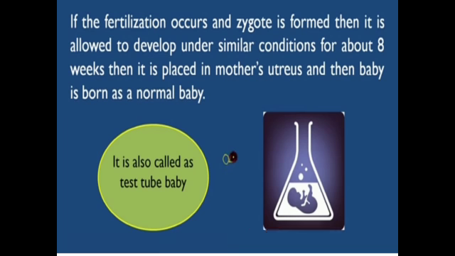If fertilization occurs and the zygote is formed, then that zygote is allowed to develop under similar conditions for about 8 weeks.